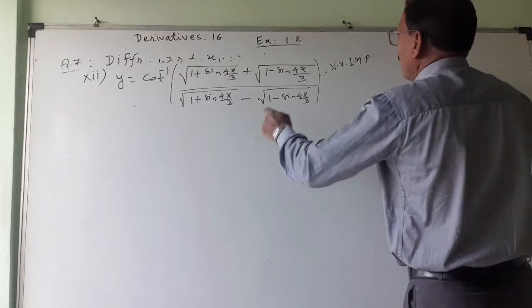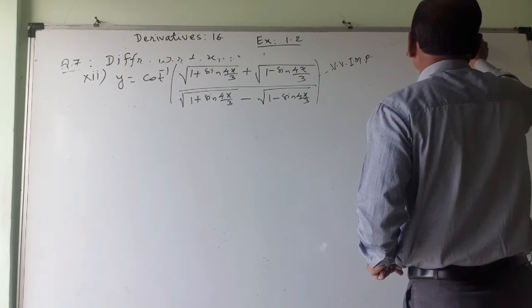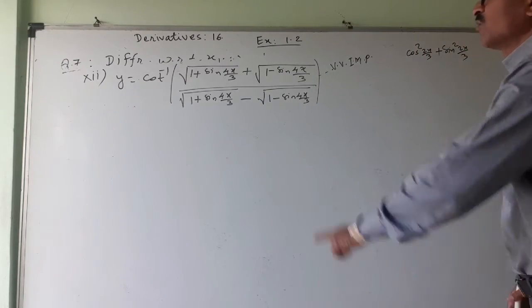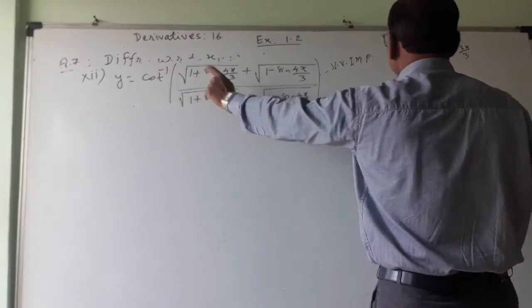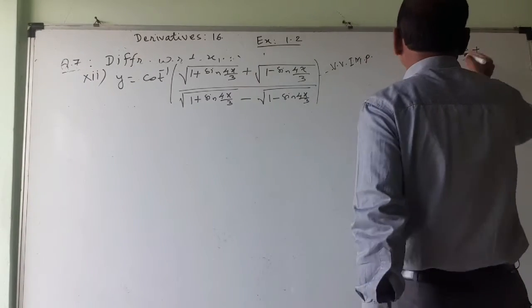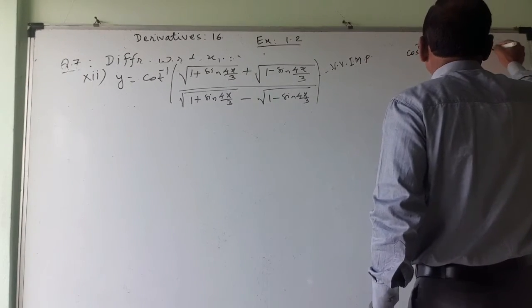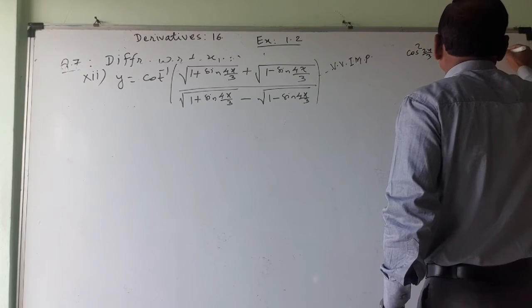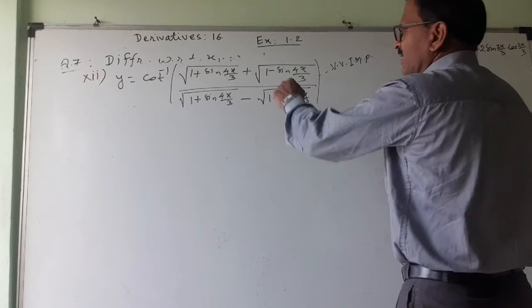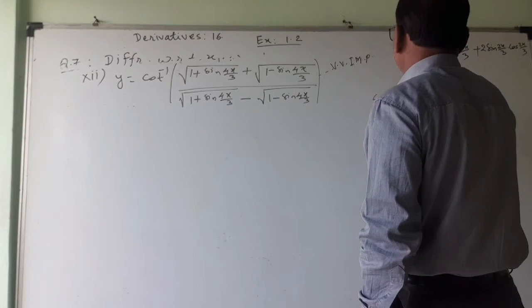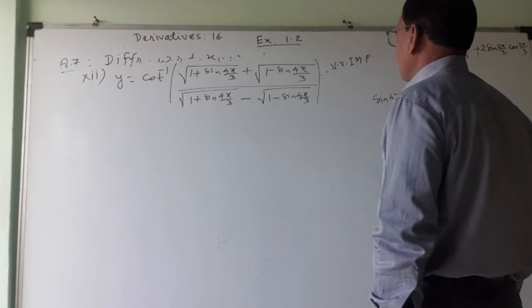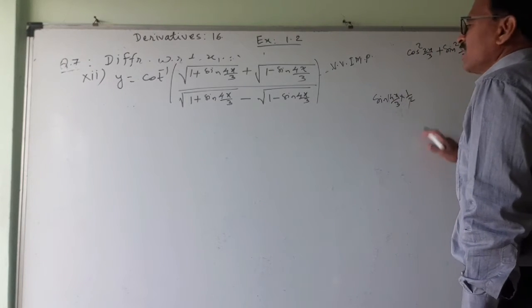Now the other half is 2 sine of 2x upon 3 into cos of 2x upon 3.